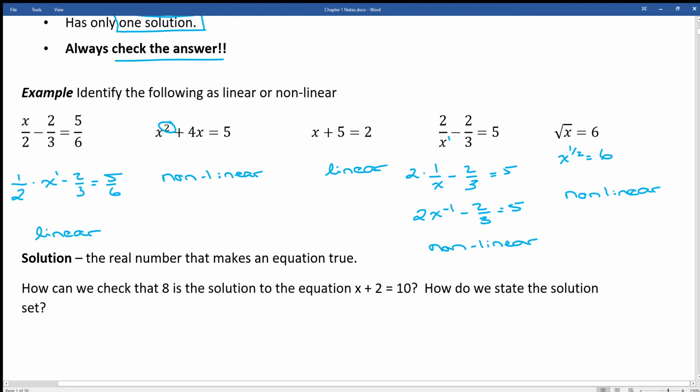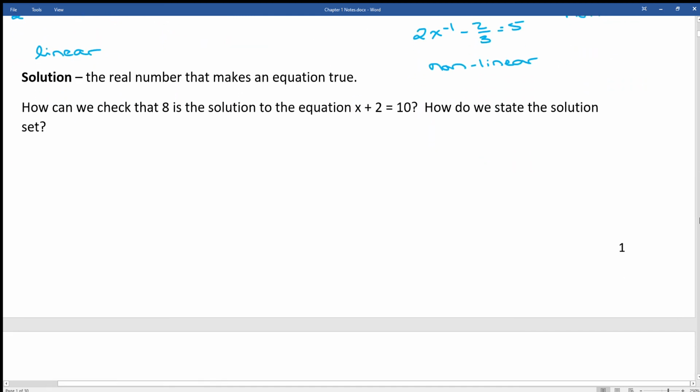All right, moving on. So we said that linear equations can be solved and that they will only have one solution. So my question to you is, how do you determine if what you solved is actually the solution to the equation? So if I said, is 8 the solution to x plus 2 equals 10? We're going to learn the format for how to check. So what I do is I like to draw a line down from the equal sign.